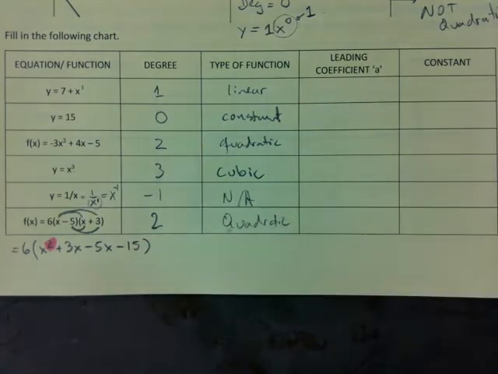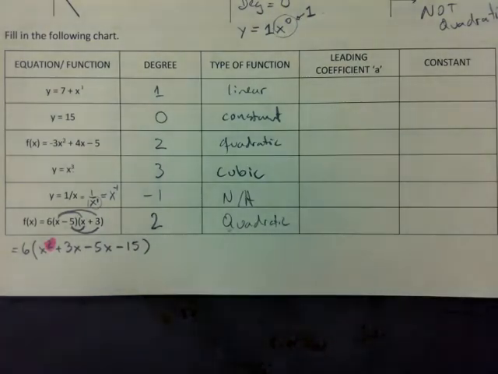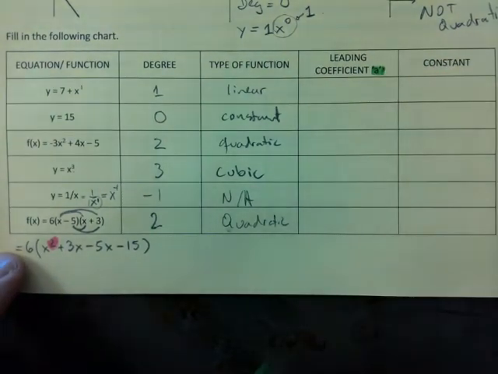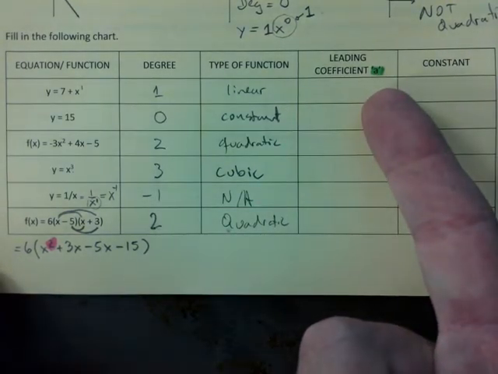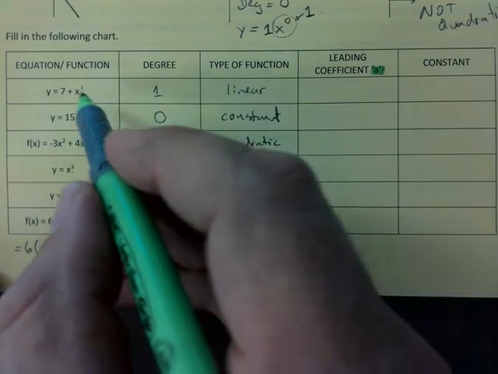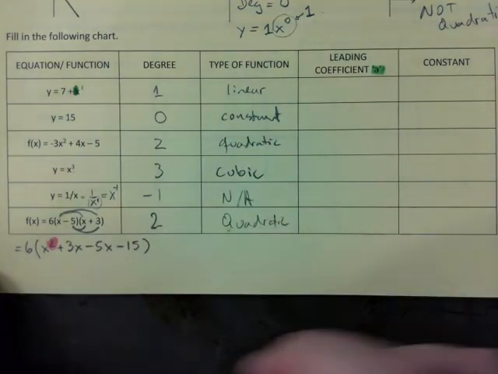Okay. What's the leading coefficient? I'm going to use a green highlighter for this one, right? Because the leading coefficient is always in front of the highest power of x. So in this case, it's actually right there. It's just 1.